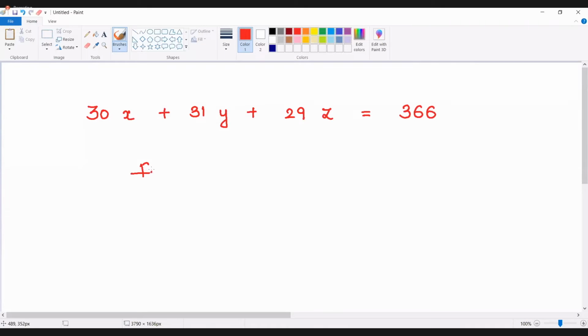Then find the value of x plus y plus z. And you have some option choices here.